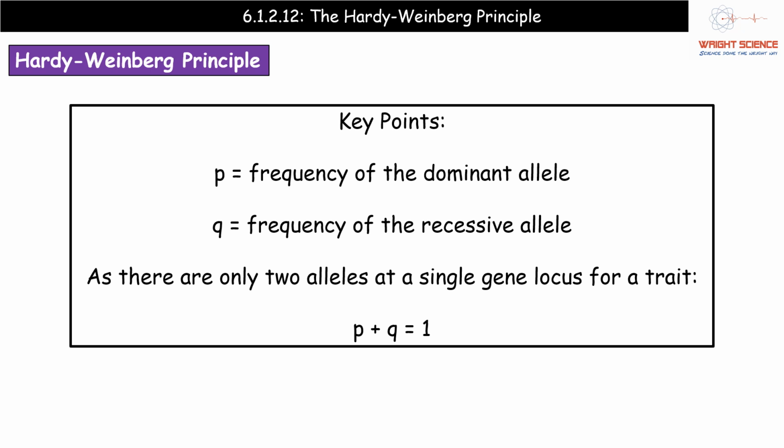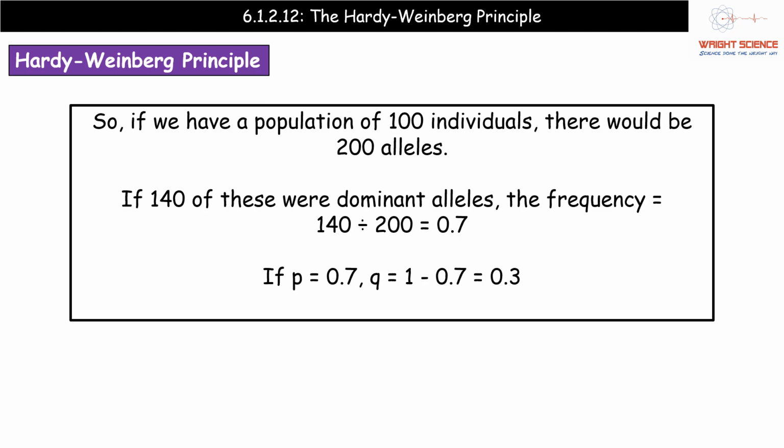Now, what we do know is that at any particular gene locus, we have two alleles and two alleles only. Therefore, P plus Q must equal 1, because if we've only got the two potential alleles, then adding them together has got to come to 1.